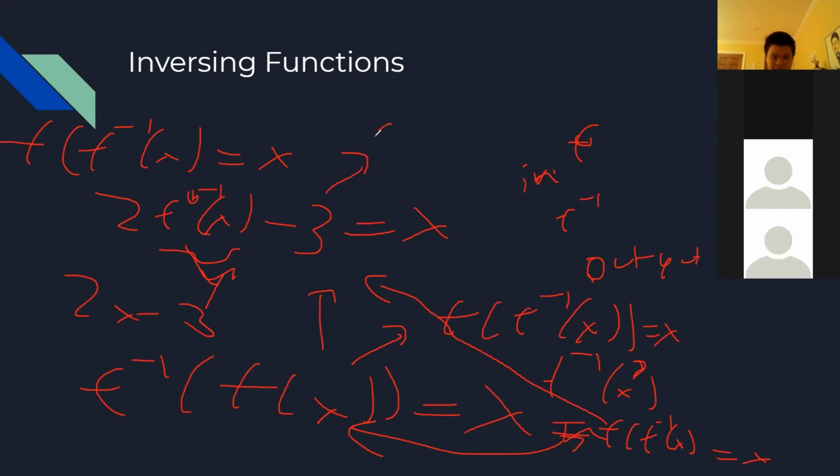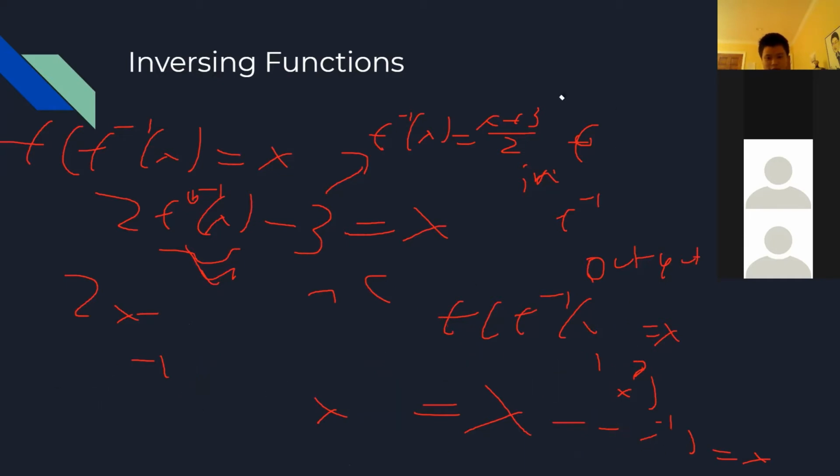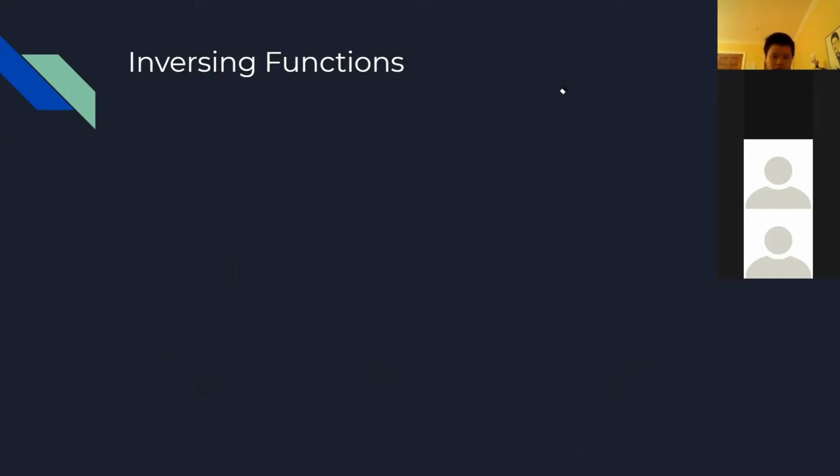And as such, solving for this value in terms of x, we get that the inverse is (x plus 3) over 2. So this worked out for linear equations. You can try it out with other linear equations, but they pretty much all work.